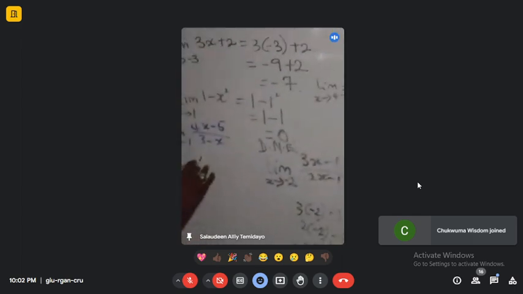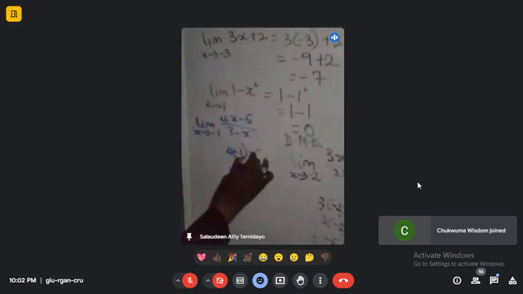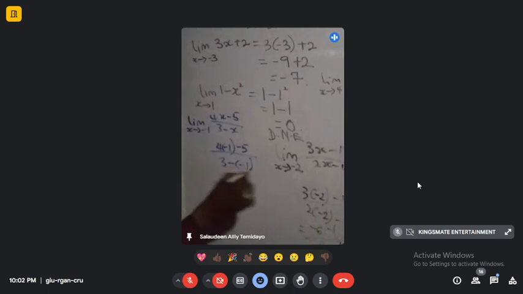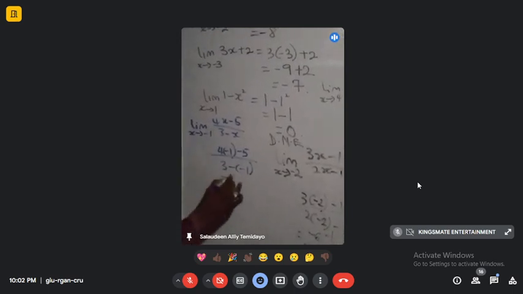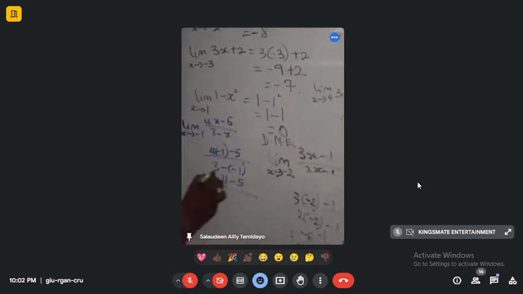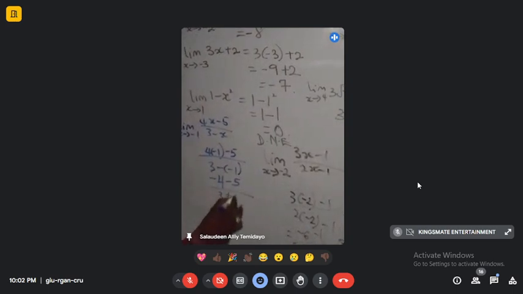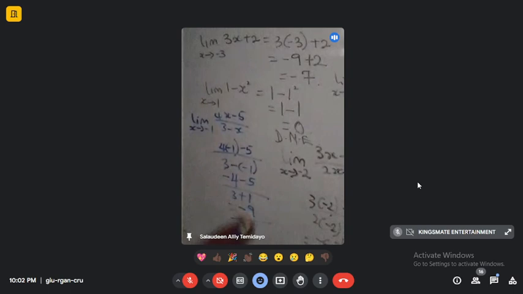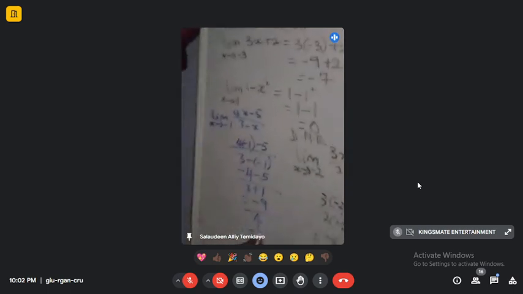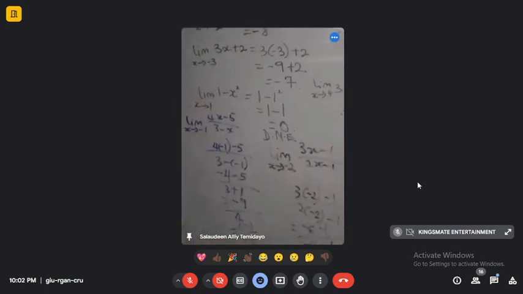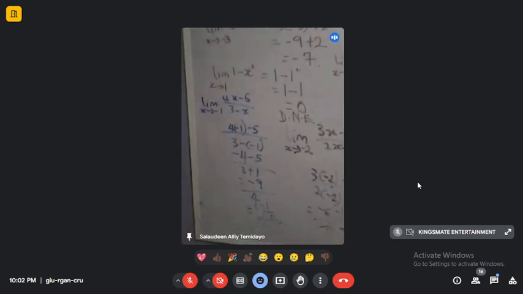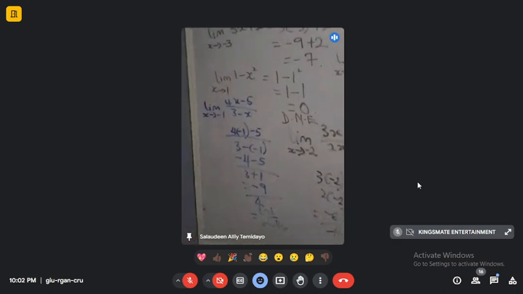The normal replacement method is 4 times minus 1 minus 5 over 3 minus minus 1. 4 times minus 1 gives minus 4, minus 5, over 3 minus minus 1 becomes 3 plus 1. Minus 4 minus 5 is minus 9 over 4. So this is minus 2 whole and 1 over 4. That's the limit as x approaches minus 1.